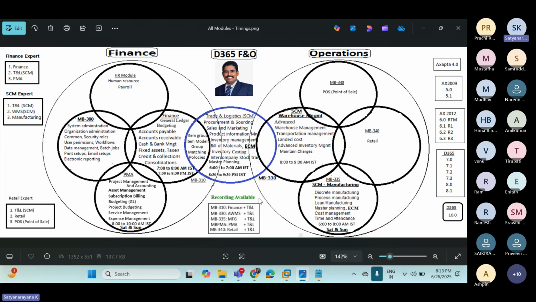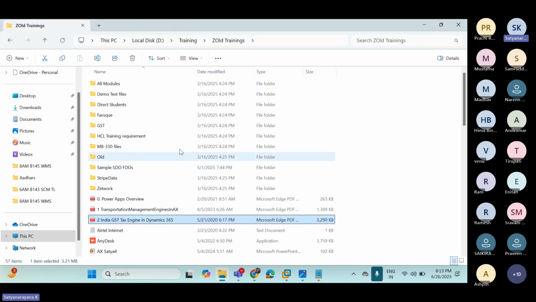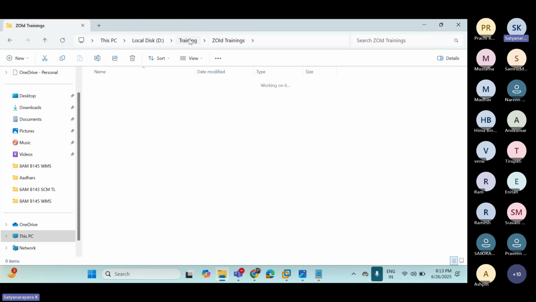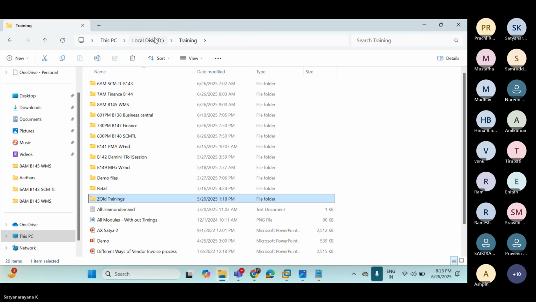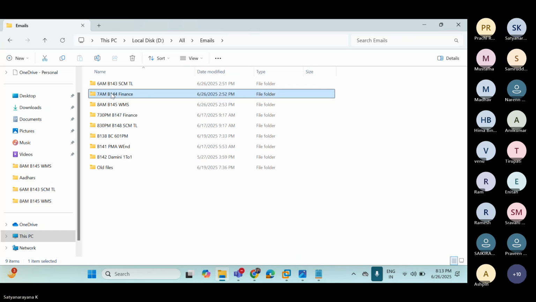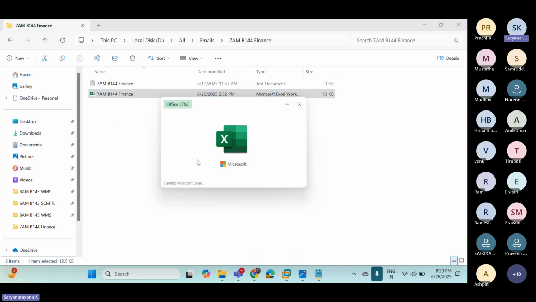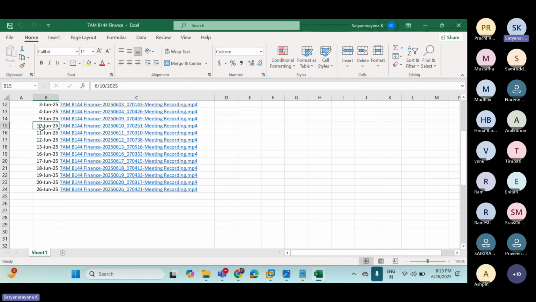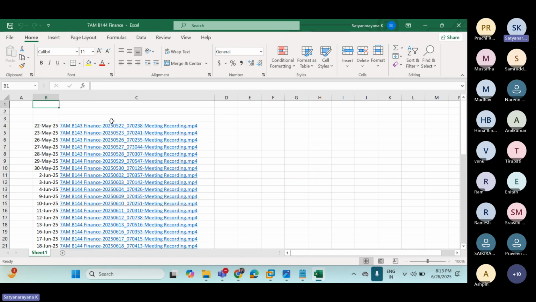Using those links you can view the files, but you cannot download them. Let me show you how I will share them. These are the Teams links. If you click on the link, it will open. You cannot download it, only view.